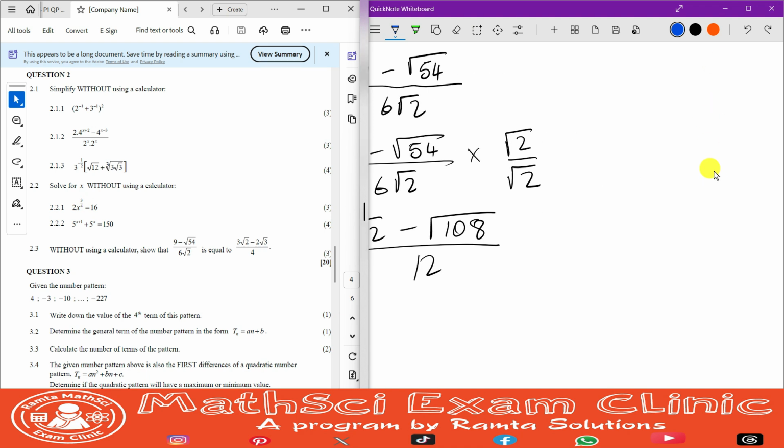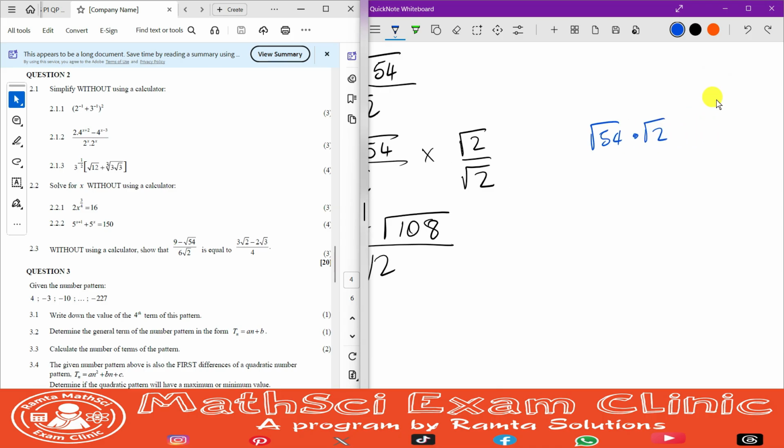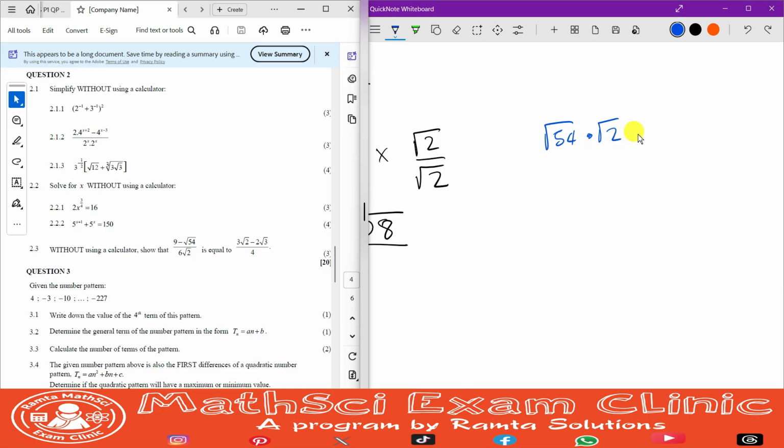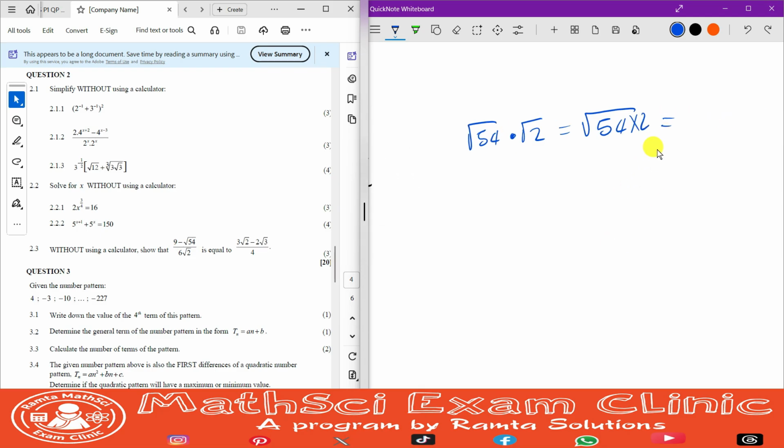Let me show square root of 54 multiplied by square root of 2. When the roots are the same, you can multiply what's inside the radicals. In other words, you can multiply the radicals. So this is the same as 54 times 2, which will give you 108.